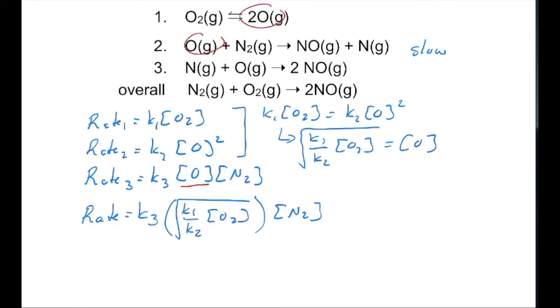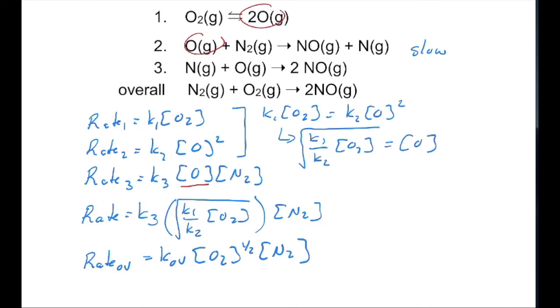And remember, all those K's can be consolidated into 1, so we can end up with our overall rate equals K overall, and the square root of a number is the same as the power of a half, so we'll have O2 to the power of a half times N2.